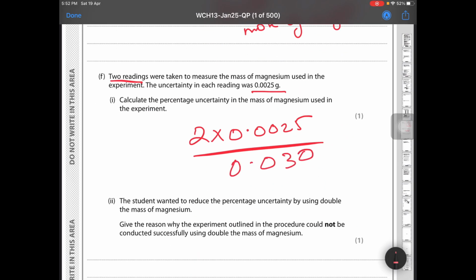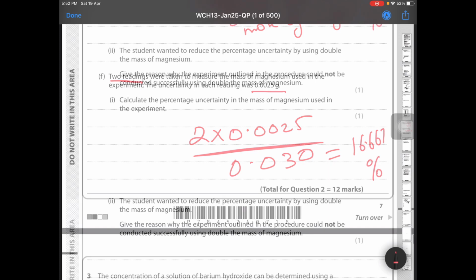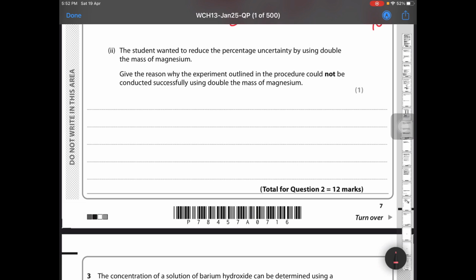So when you solve this, your uncertainty would be around 16.667%.